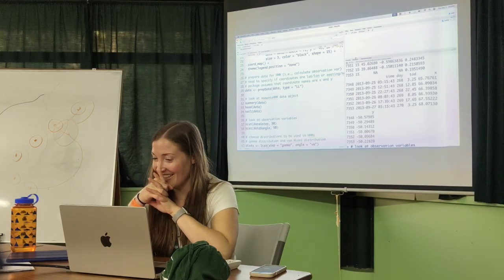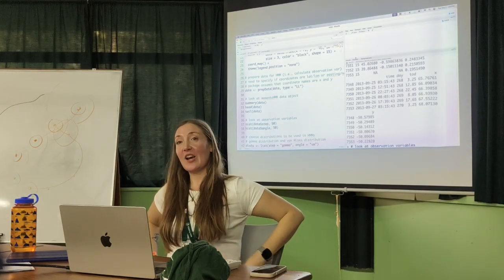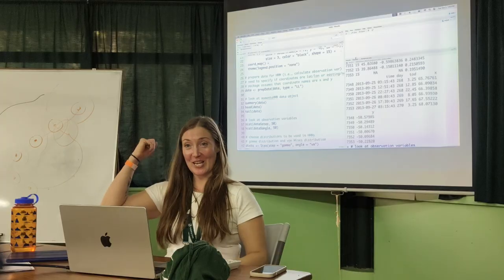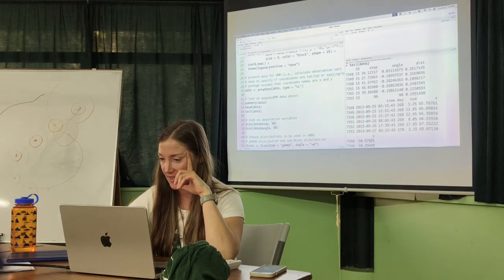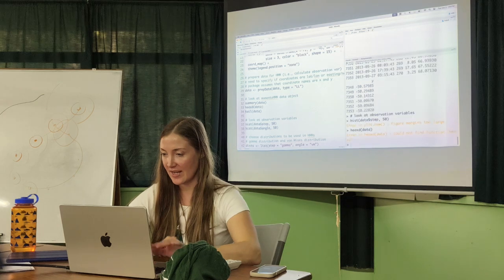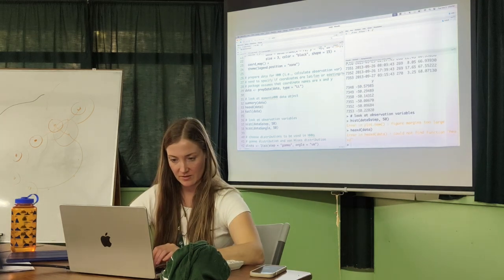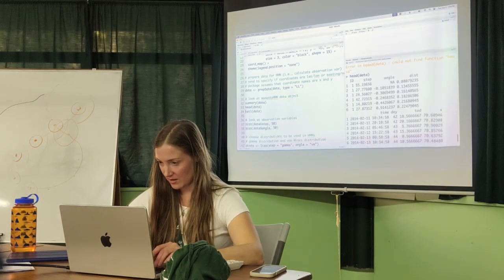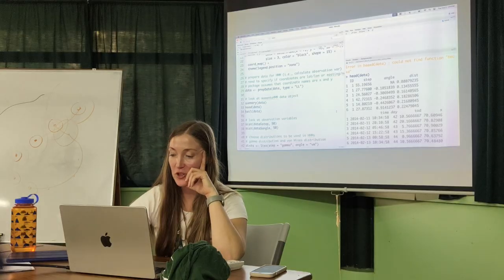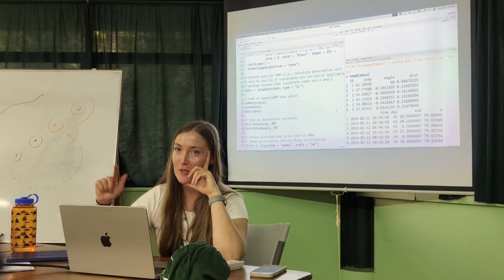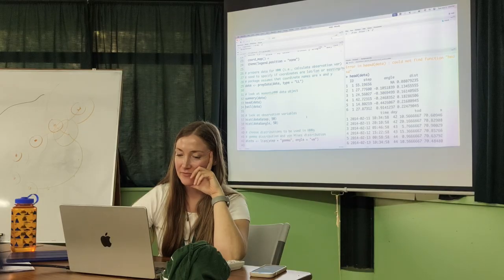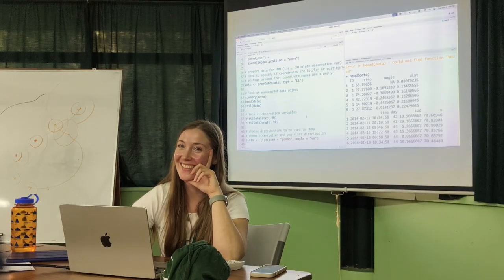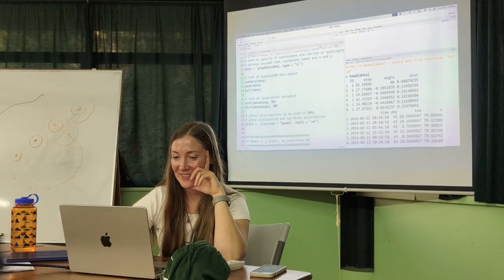And then for turning angle, we have 2 NAs. This is something that I always have to think about, it always takes me quite a while. Oh, never mind. Yeah, no, you're right. There's a turning angle missing at the beginning, but step is missing at the end. Yeah, that's right.